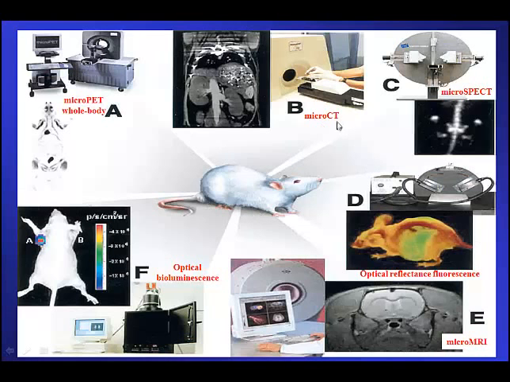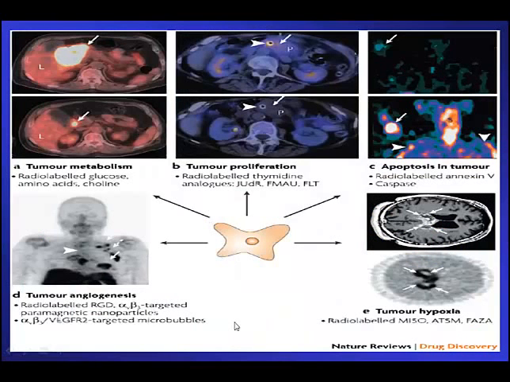And for new imaging technology, as I said, we have CT, but also micro-PET, micro-SPECT, and micro-MRI, and we can combine all of these techniques with optical reflectance or fluorescence, using fluorescence or luminescence targets, and with optical bioluminescence we can get some idea about the disease.